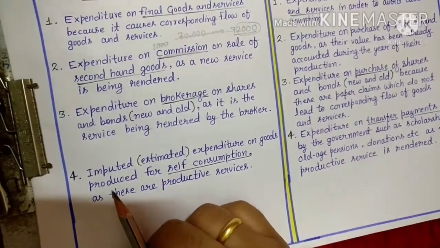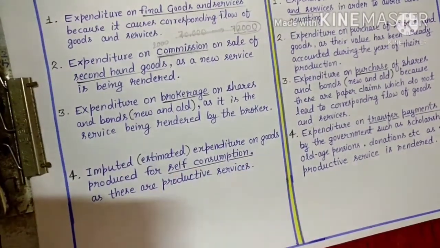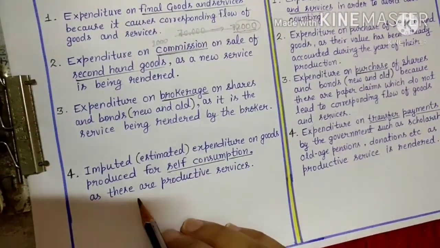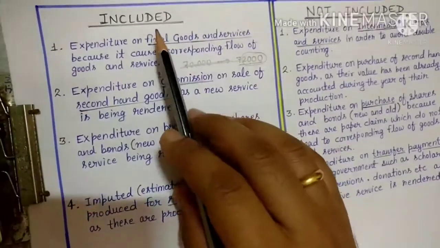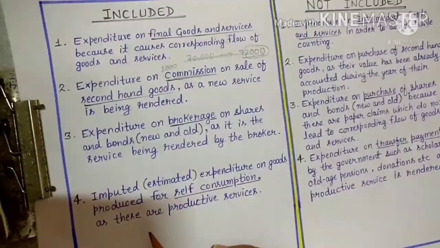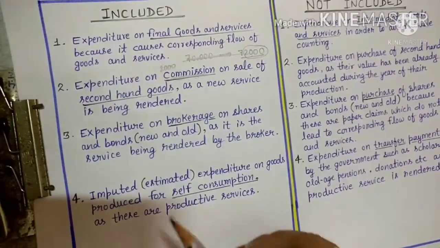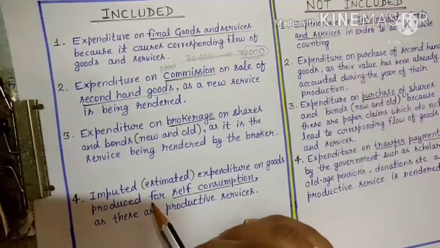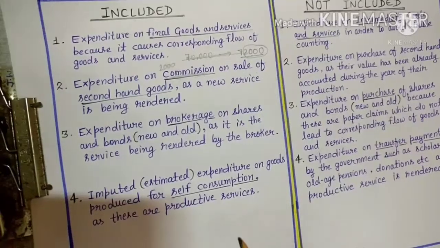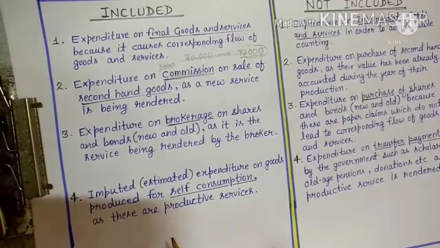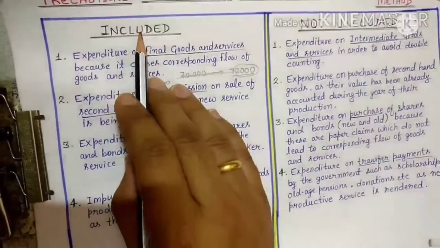So he has kept some wheat for self consumption. The value of that wheat will be included in the national income, because these are productive services. He is producing wheat and rice or whatever, so the amount of wheat he uses for self consumption will be included in the national income.